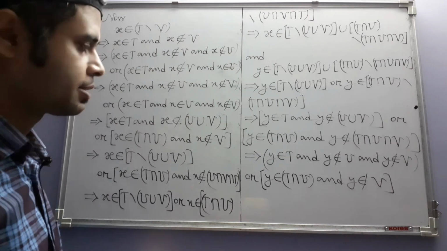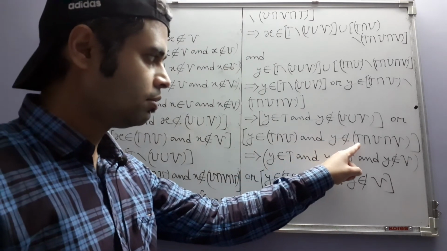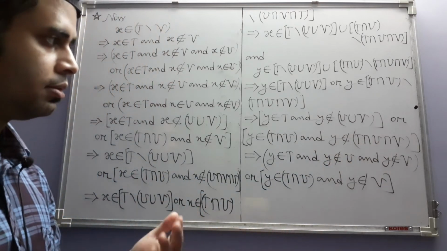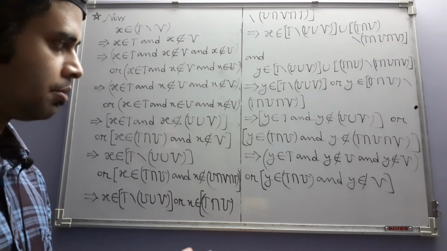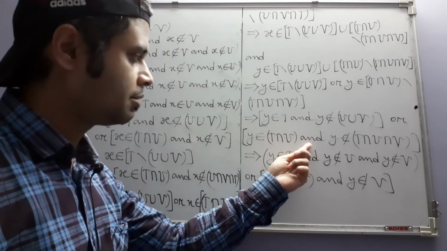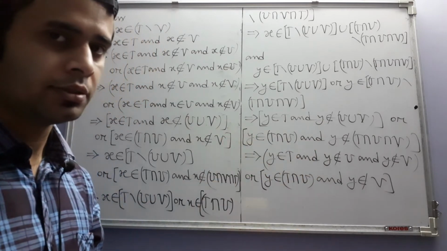What is the justification? You see, y is not in the intersection of t, u and v, but at the same time, because we have and, y does belong to both t and u.